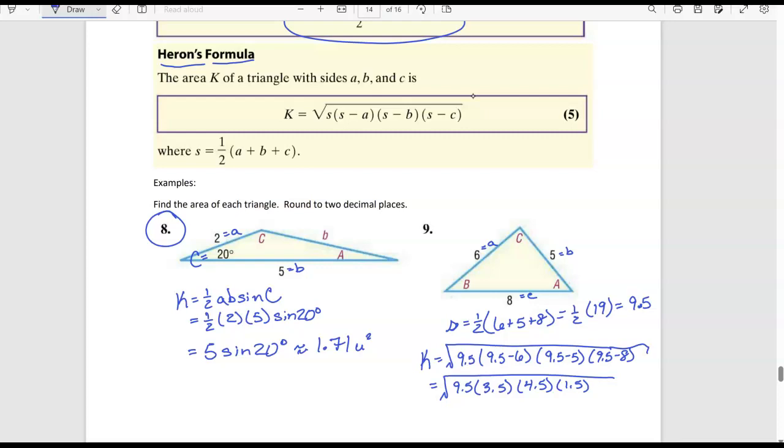I'm just going to do this off to the side on my calculator that's off screen. We could also type it in Desmos. And when I type that in, I got about 14.98.